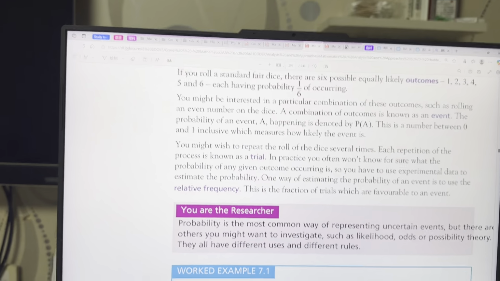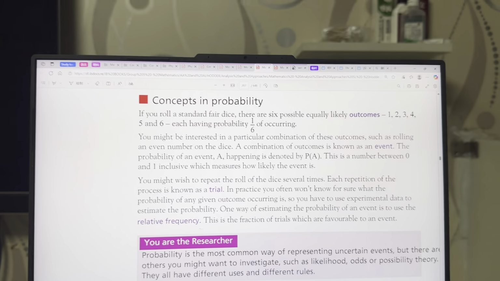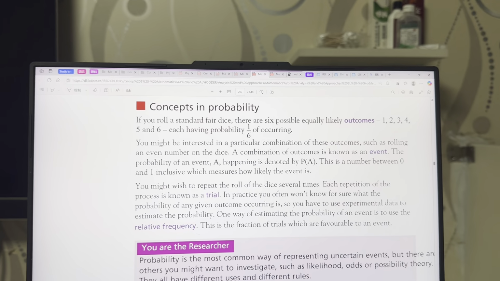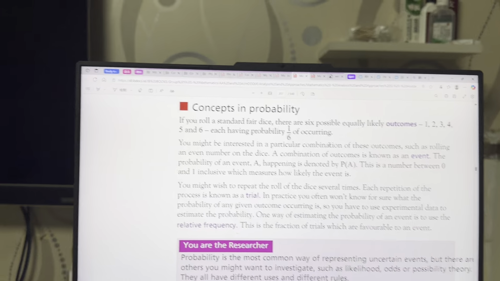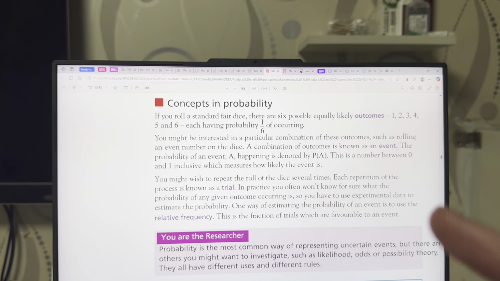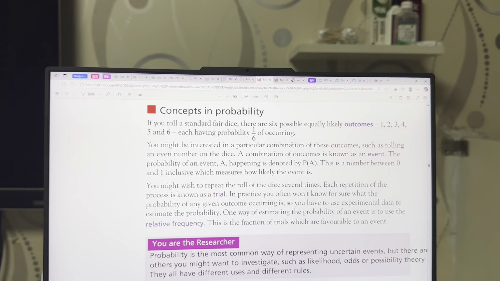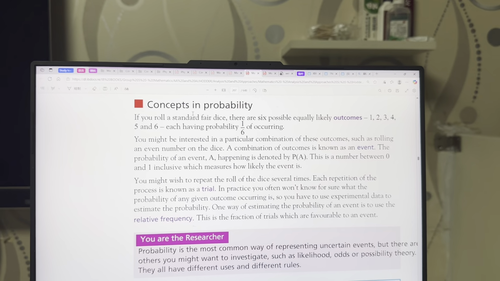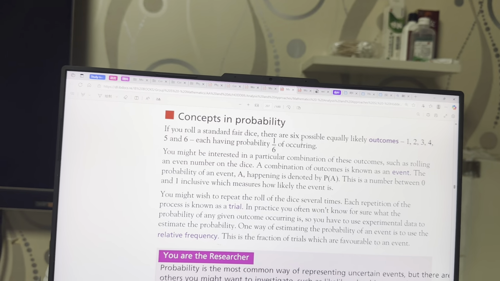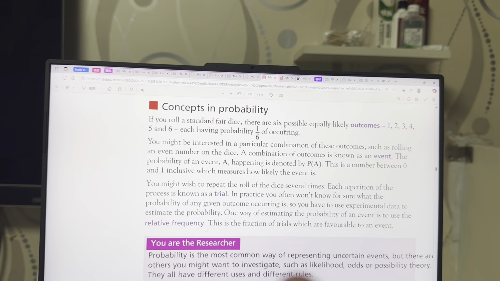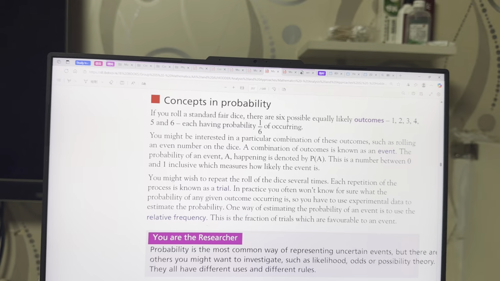For example, 1, 2, 3, 4, 5, 6. For example, first time, I want an odd number: 1, 3, 5. We have 6 possible outcomes, and they are equally likely.